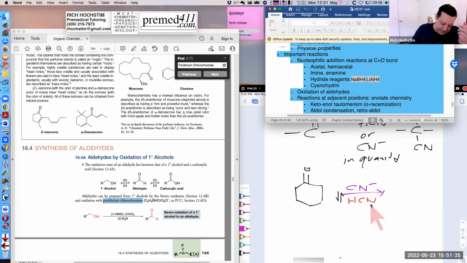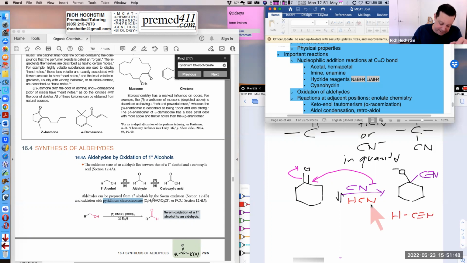What's going to happen is the cyanide will attack like this, and then these electrons will come up. So that is going to give you here O minus, and then the cyanide here is going to come in like that. And then finally, you're going to have the HCN like this.